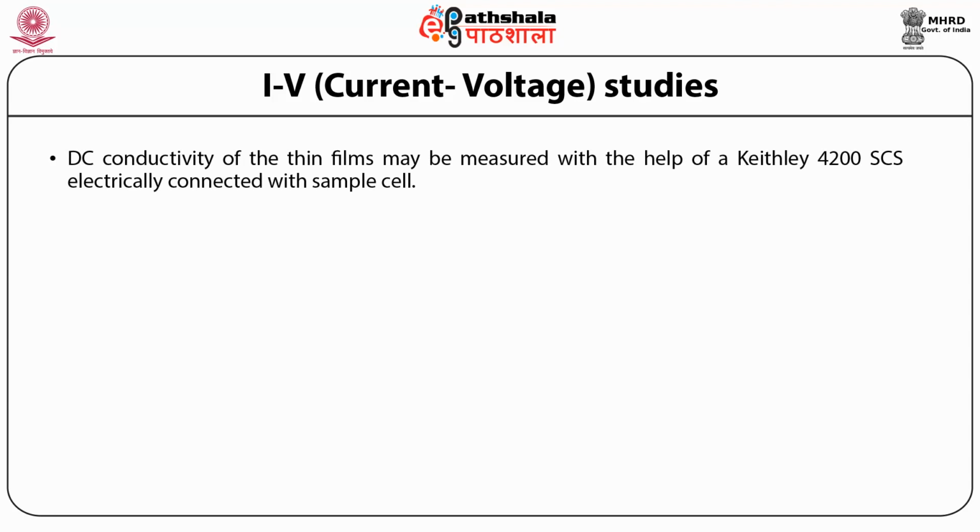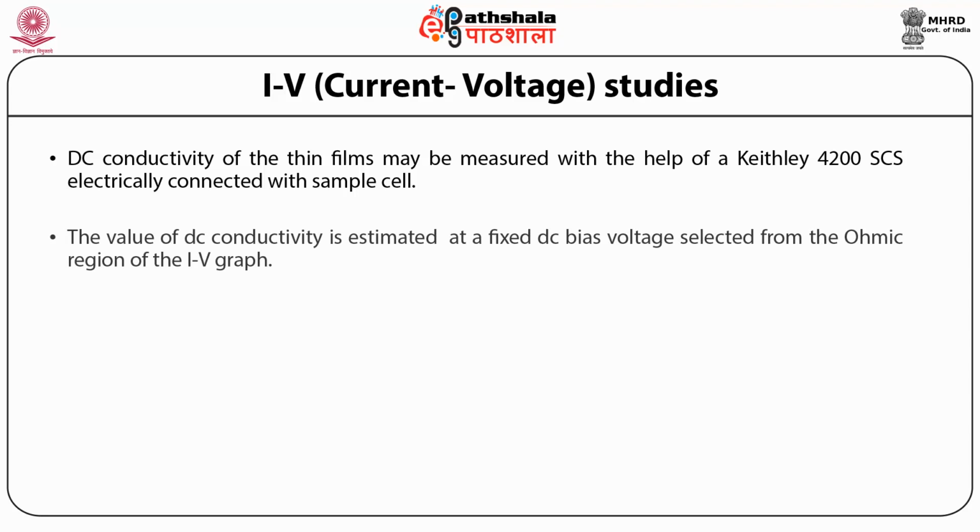DC conductivity of the thin films may be measured with the help of a Keithley 4200 SCS electrically connected with the sample cell. The value of DC conductivity is estimated at a fixed DC bias voltage selected from the ohmic region of the IV graph.